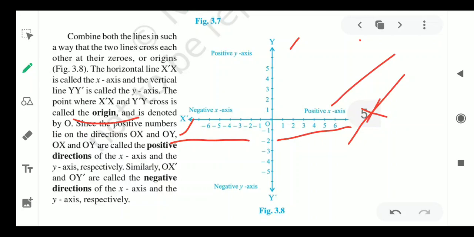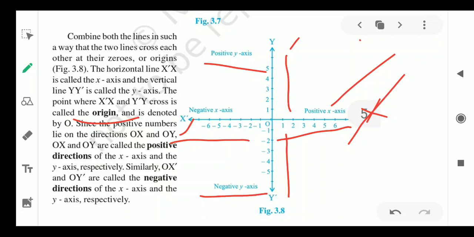On the y-axis, up, we take only positive values; down we take only negative values. So above the 0 on the y-axis is called the positive y-axis, and below the 0 on the y-axis is called the negative y-axis.